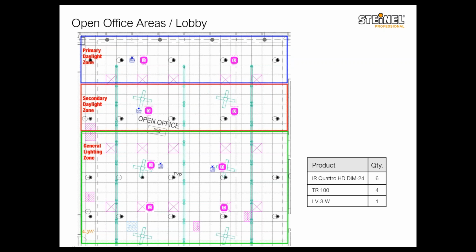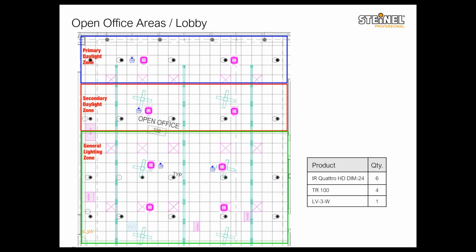Now, since I've assumed that there are no partitions, I can use my sensor with the biggest range. So based on the size of the room and coverage requirement and all that, I've put 2 sensors in the primary daylight zone, 2 in the secondary daylight zone, and at least 4 in the general lighting zone.